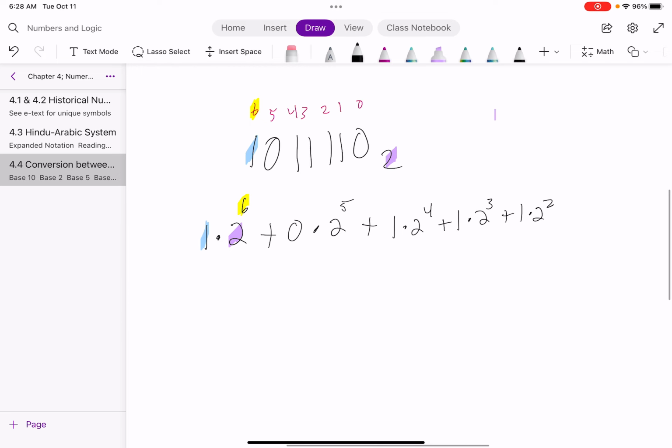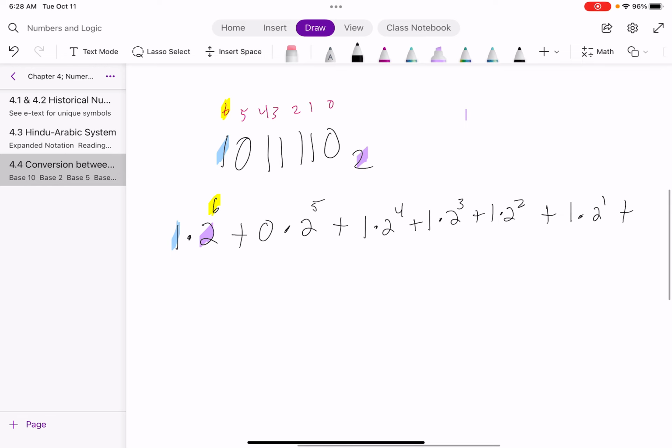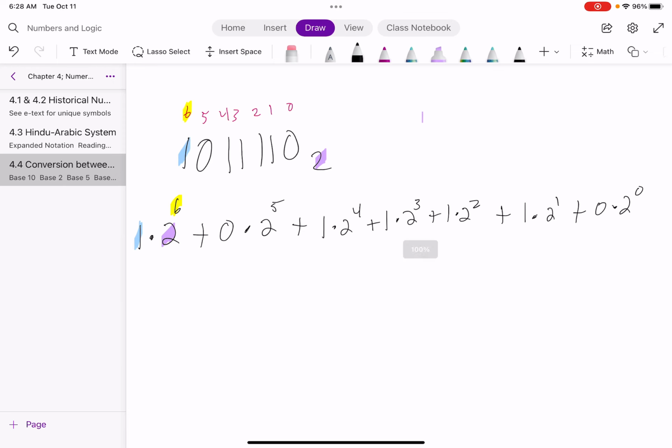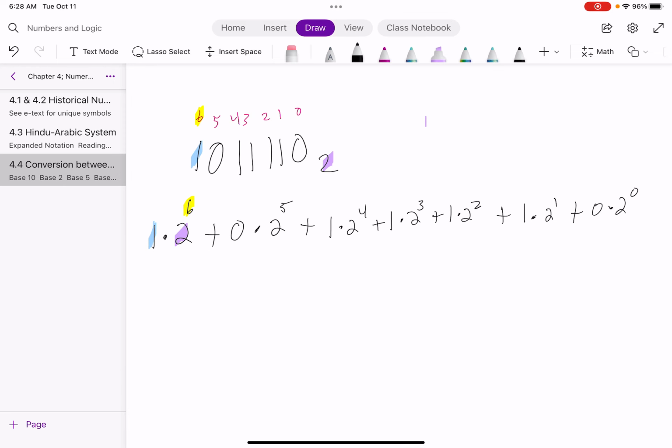I'll scroll over a little bit. Plus 1 times 2 to the first plus 0 times 2 to the 0. I think I got it all. Double check. So I was writing 1, 0, 1, 1, 1, 1, 0.